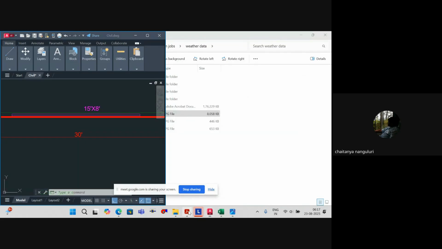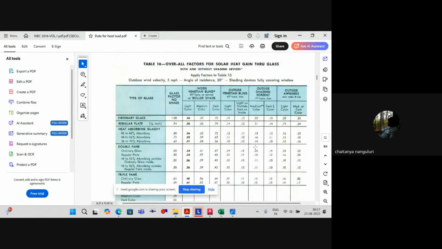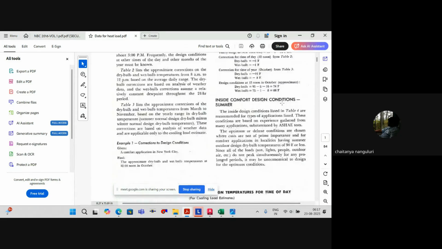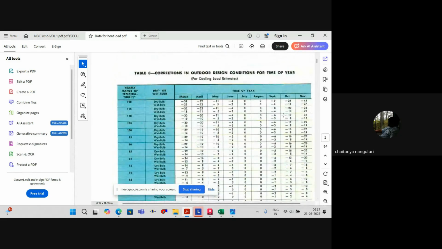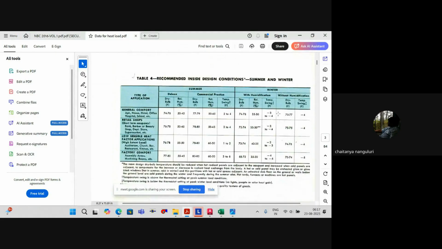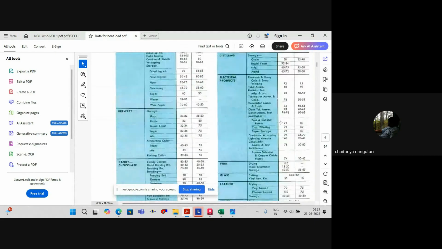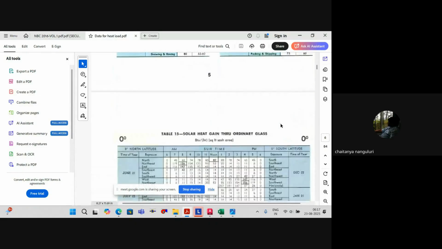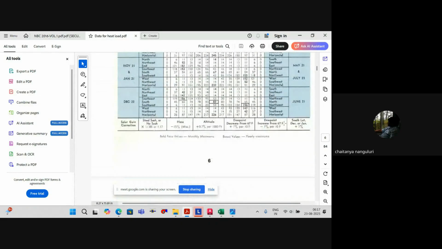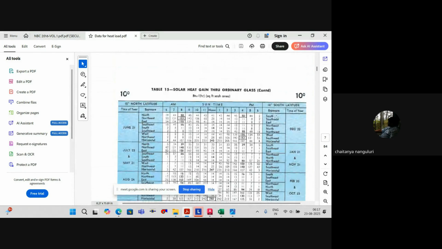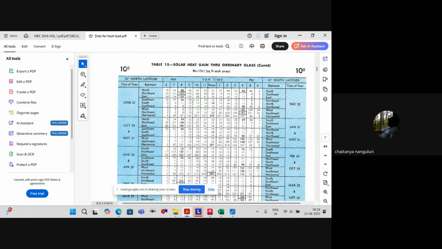We have to go for 10 degrees latitude, which is the nearest available one, since 12 is obviously near to 10. So we have to take 10 degrees. Now, which time do we have, high peak summer?